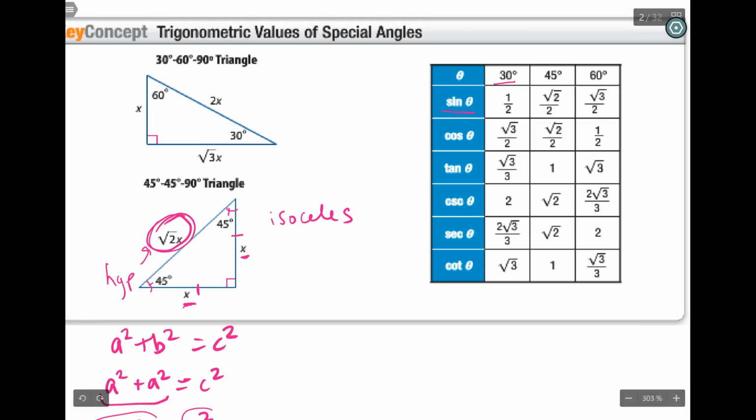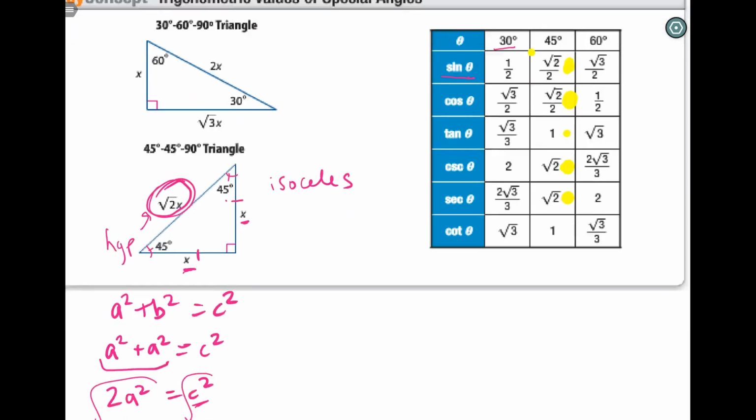So the cool thing with the 45-45 triangle is that you notice that the sine of theta and the cosine of theta are actually the exact same thing. So are the secant and cosecant. And since it's the same thing, when you take sine over cosine to find tangent, it's 1, and we take the inverse for cotangent, also 1. So 45, 45 are pretty easy to solve. Okay, cool.